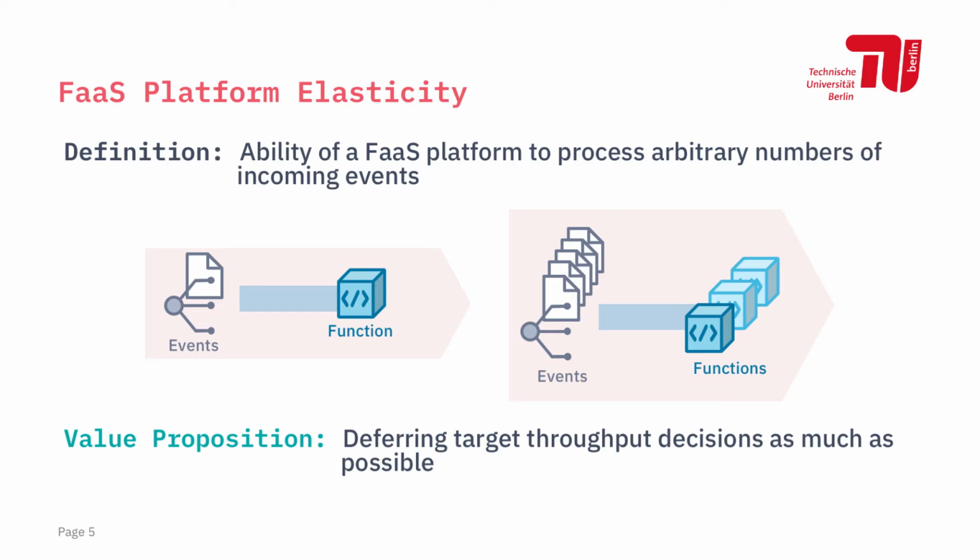This enables developers to defer throughput decisions as much as possible to the cloud provider. For example, it's really hard to design real-time web serving that is capable to handle rapid interest due to a viral social media event. But it's supposedly free with FaaS, and that's what we wanted to look into.